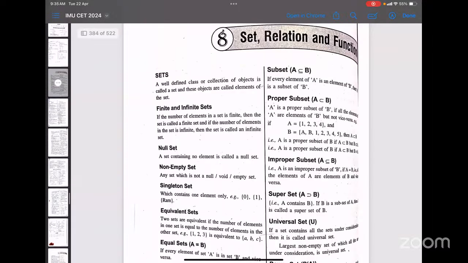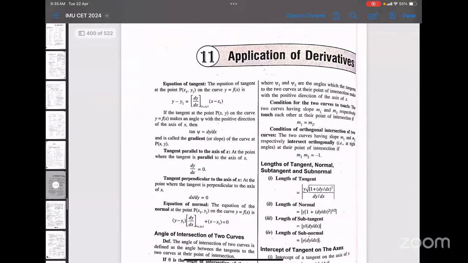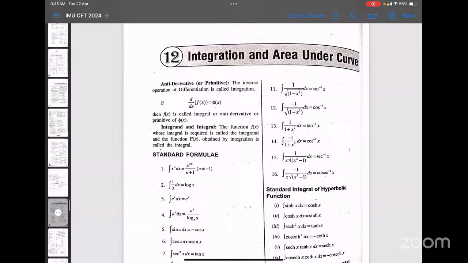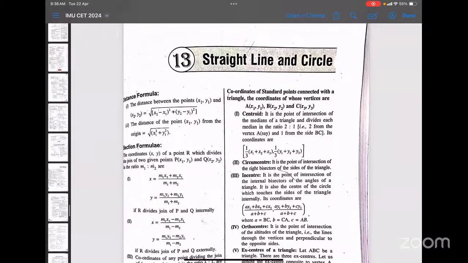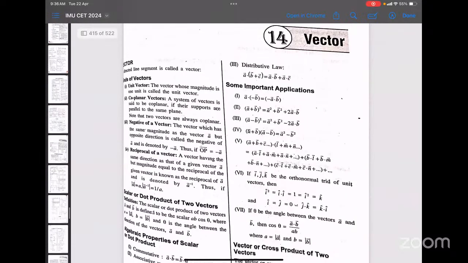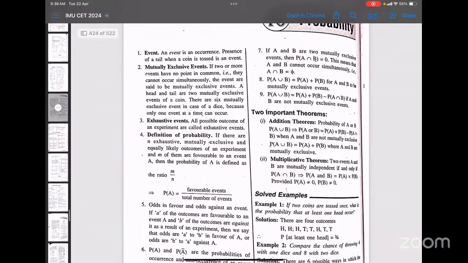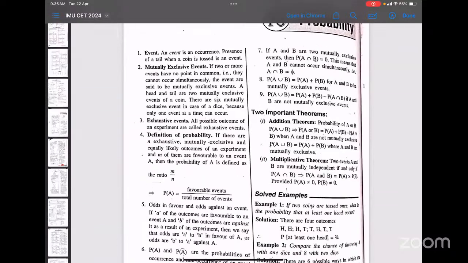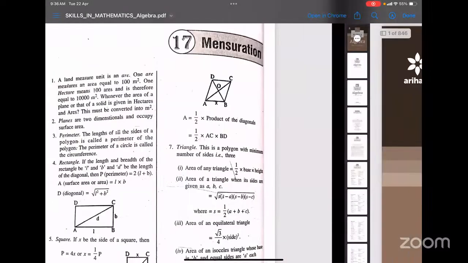I think complex number is not given in this book. Limit and continuity, differentiation, application of derivative, integration, circle, vector, trigonometry, probability. No. Complex number is not there.